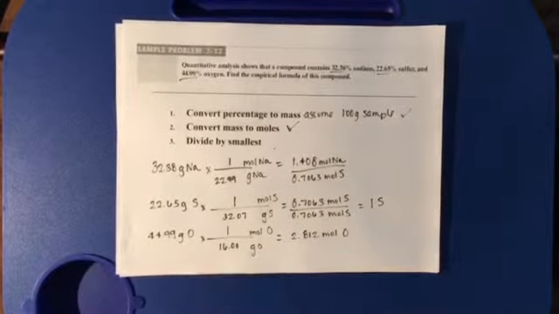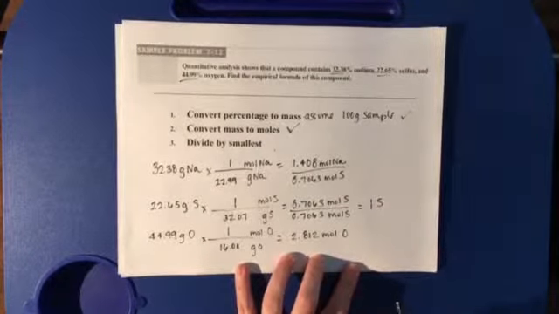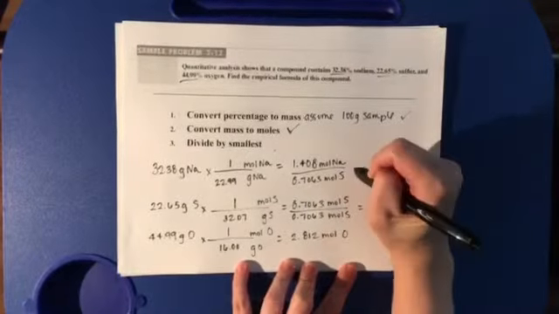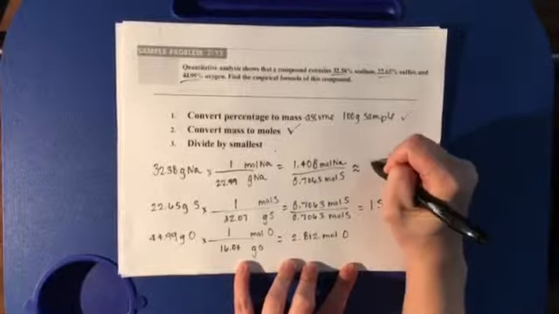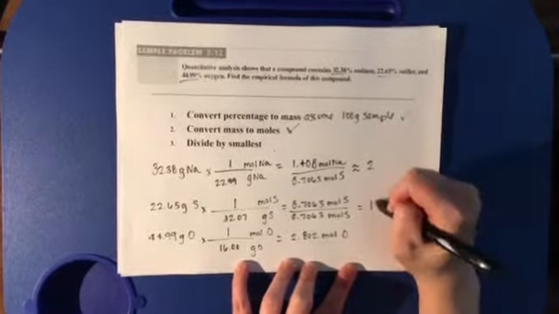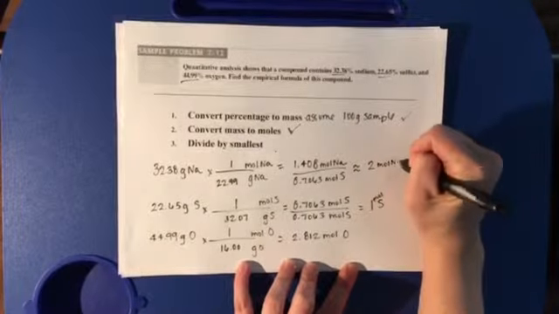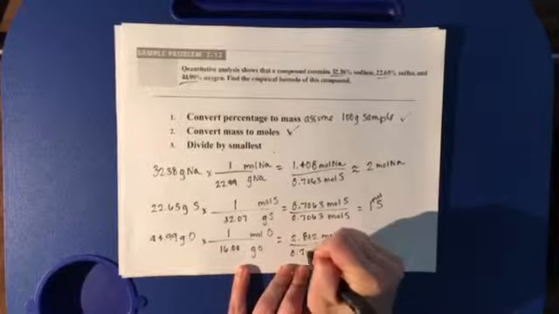I'm trying to get a whole number, so I'm going to approximate. We're not worried about significant figures here because we're trying to find a formula and their relationship to each other, so this is about equal to 2. It's 1.999 something. So this is 1 mole of sulfur, 2 moles of sodium.